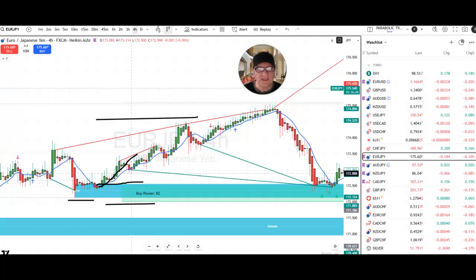But what I would suggest is that the change of character, i.e. it moves above the 9 moving average. Once it does that, you might feel you want to enter another position at some stage. If you see a pullback like this, another position there, or pullback there, that's another position there, isn't it?